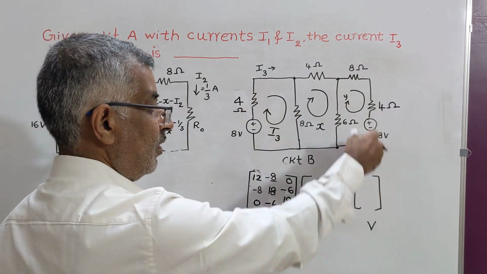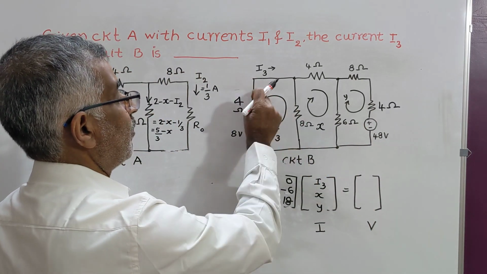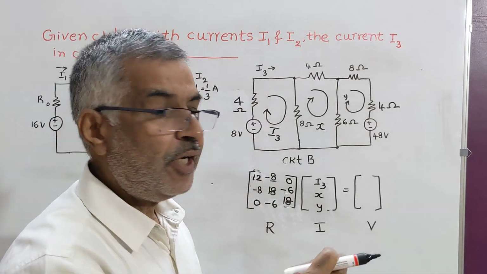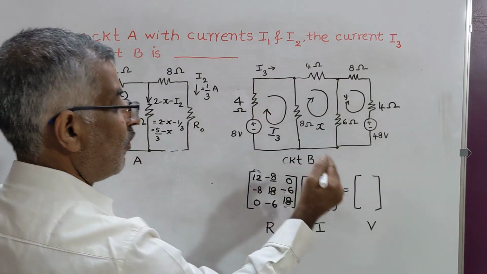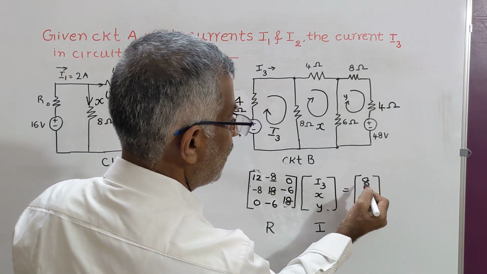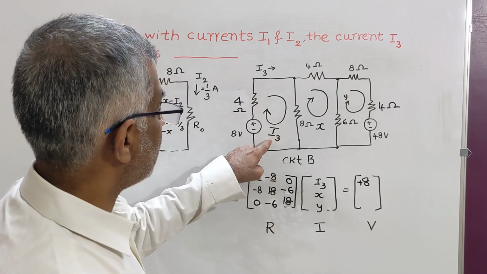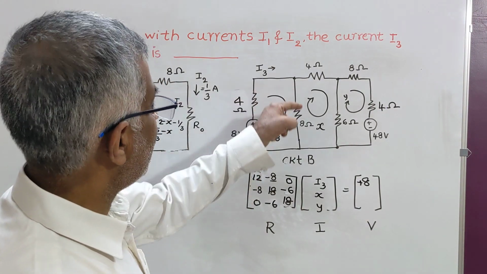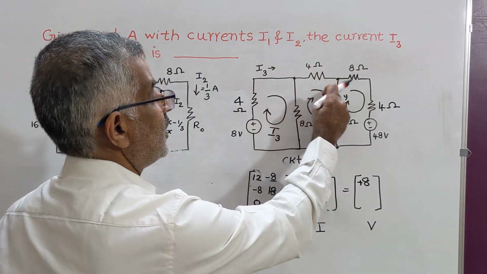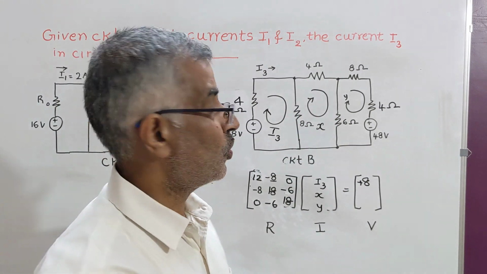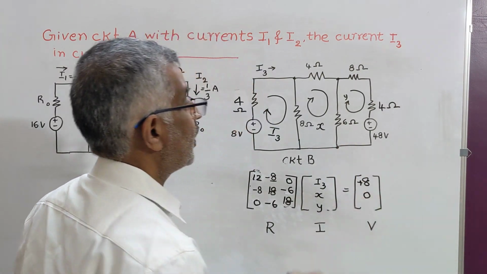Next, I will complete this. So, total voltage in mesh 1, 8 volts. 8 volts is driving current in this direction only. Therefore, take this with plus 8, because this 8 volts is driving this mesh current I3 like this. Next, second mesh, no voltage sources, therefore 0.